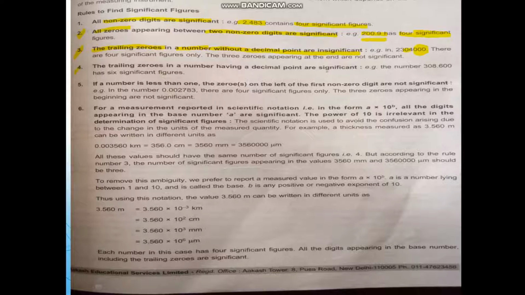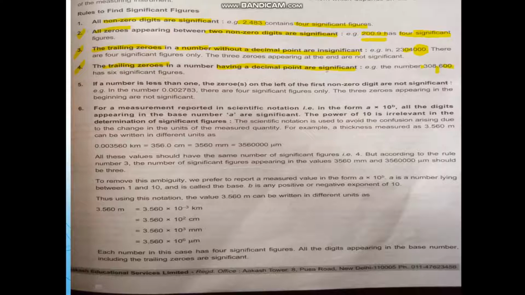Now let us see the fourth rule. The trailing zeros in the number having a decimal point are significant. So if the number is having a decimal point and the number is also having the trailing zeros, then the trailing zeros are significant. For example, if you see this number 308.600, in this number there is a decimal point, and if there is a decimal point, the trailing zeros are significant.